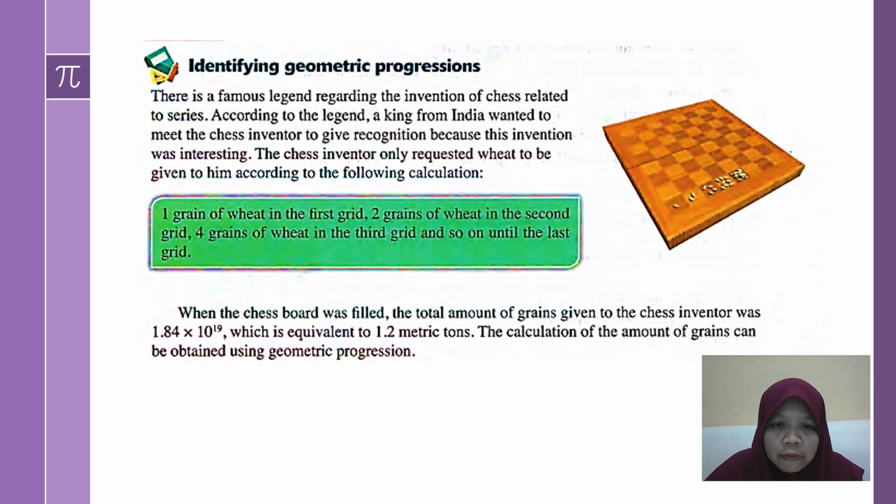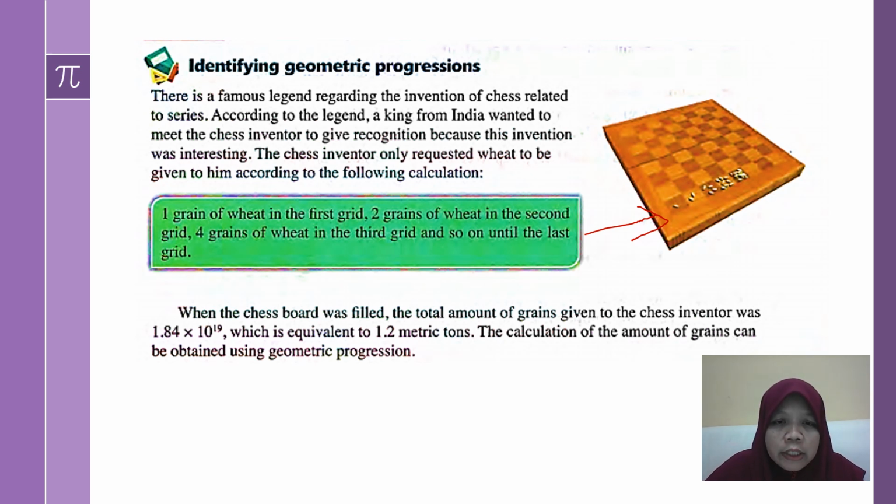You can refer to this diagram. At the first grid, 1 grain; 2 grains of wheat at the second grid; and 4 at the third grid, and so on.